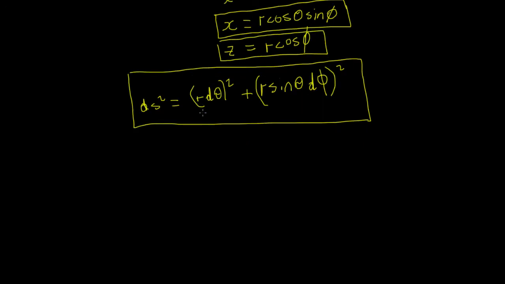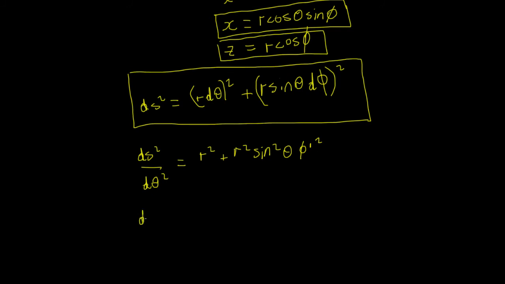So we're partway there. Now we can write ds squared upon d theta squared equals r squared plus r squared sine squared theta times phi derivative squared.